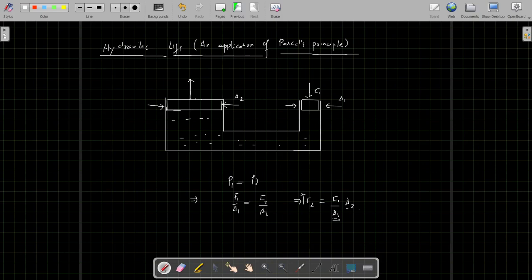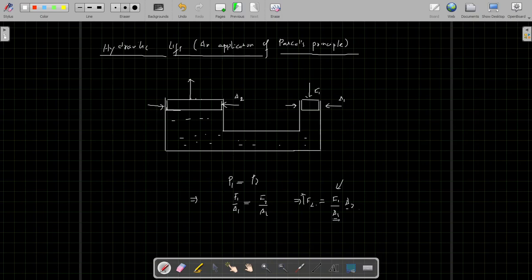Similarly, if you keep area 1 constant, you can see how the force F1 is getting amplified. So with a little bit of push here, you can lift a heavy load on the other side. This is based on Pascal's principle.